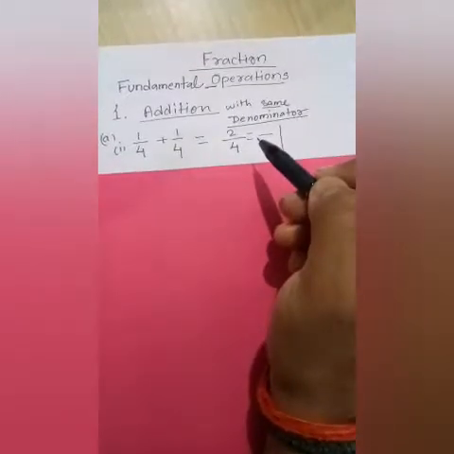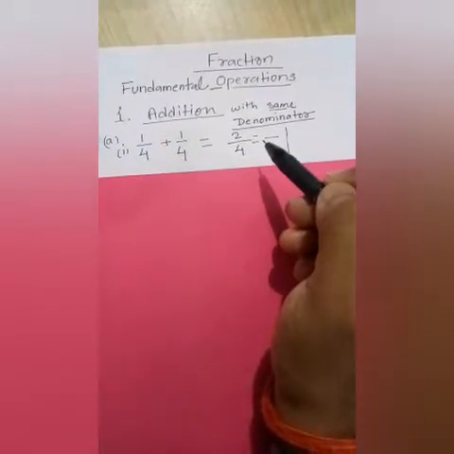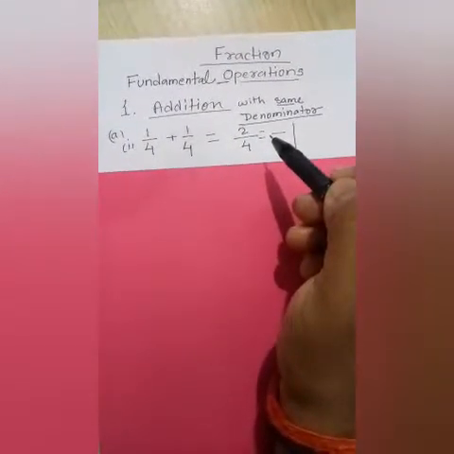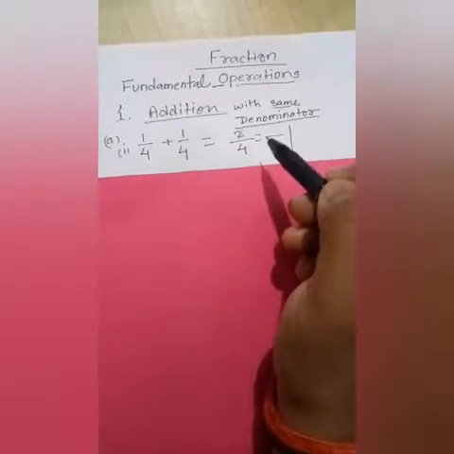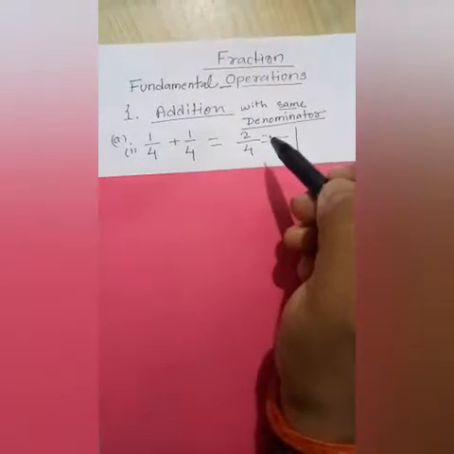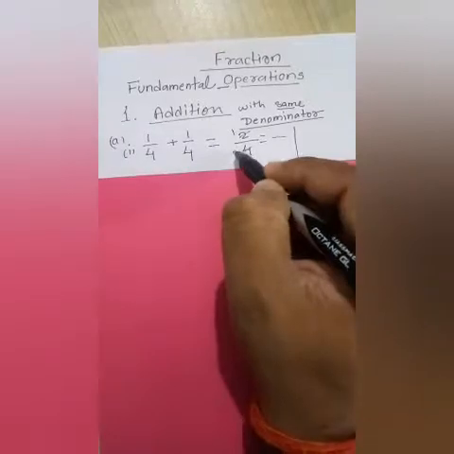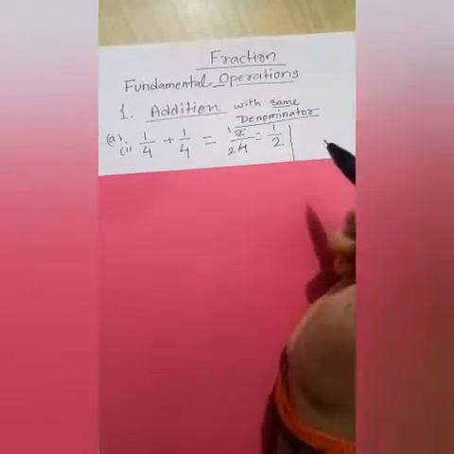If you have doubts in the divisibility test, then I recommend you go and watch the divisibility test video I have made, and you will find the link in the description also. So let's see. 2 1s are 2, 2 2s are 4, so this has become 1/2.